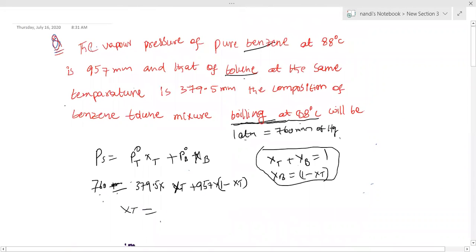What will you get for toluene here? X toluene should be 0.34, then X benzene equals 0.66. This is your answer. After calculating, you should get these answers.